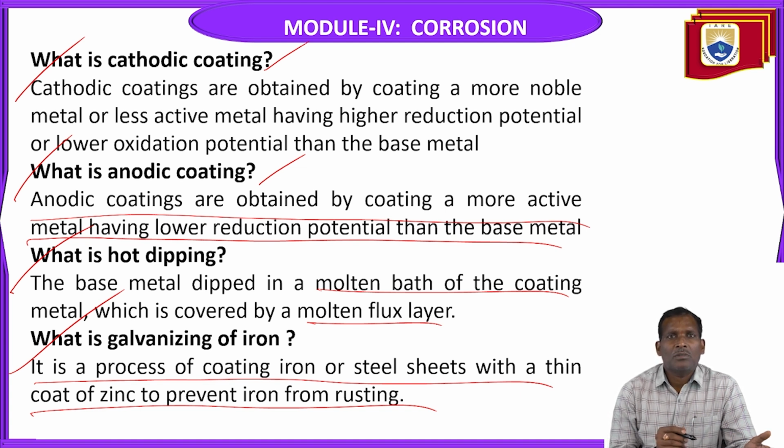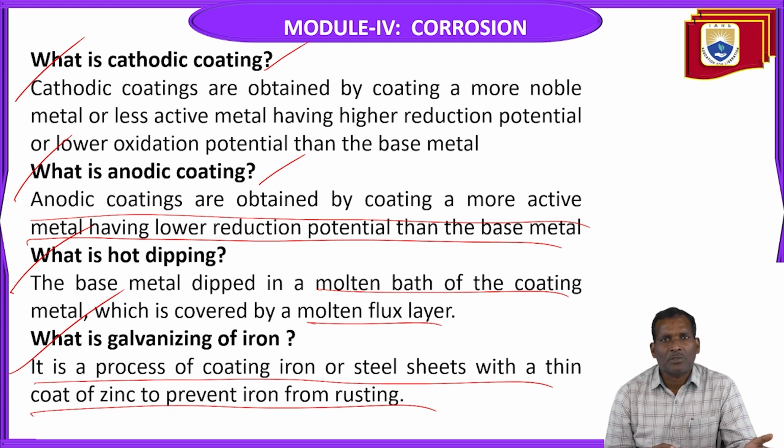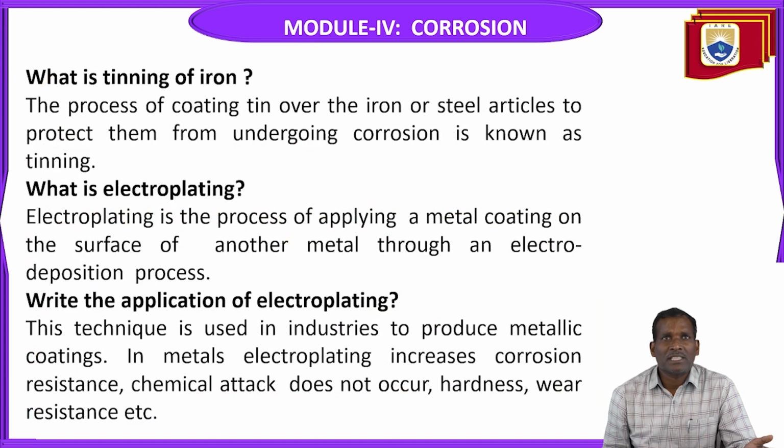You want to prevent the iron surface from rusting. So this process is called galvanizing of iron. The iron piece is dipped into liquid zinc, and that process is galvanizing.